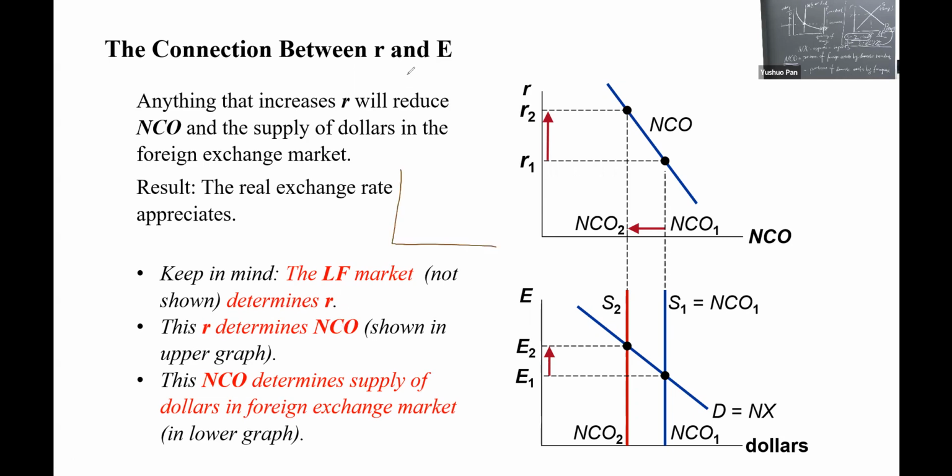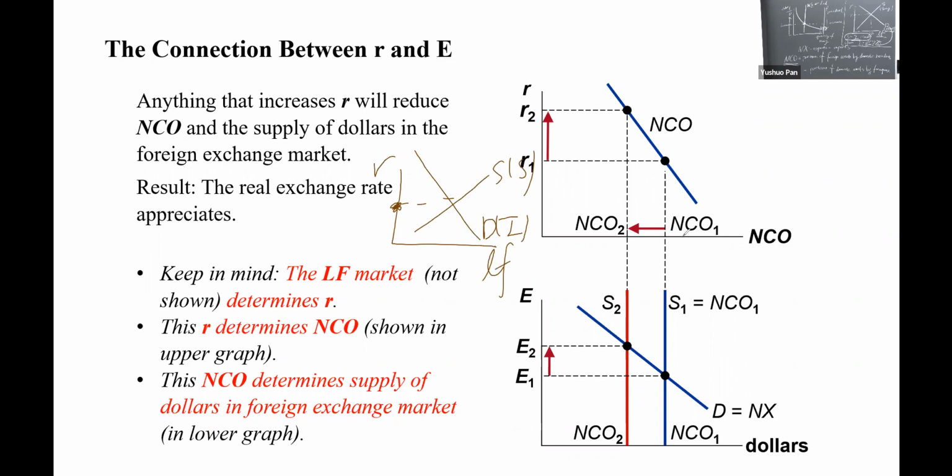That determines the loanable funds market. Demand is the investment, and the supply is saving. That determines the real interest rate R. And this R determines the NCO, the net capital outflow, shown in the upper graph here.